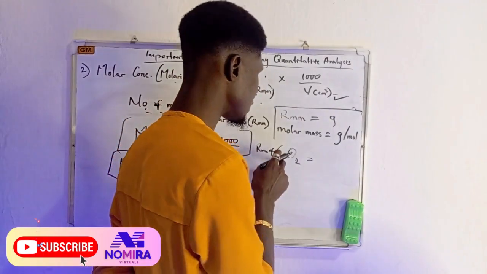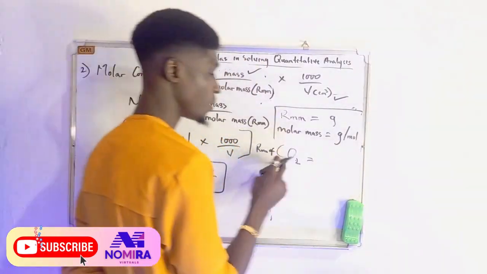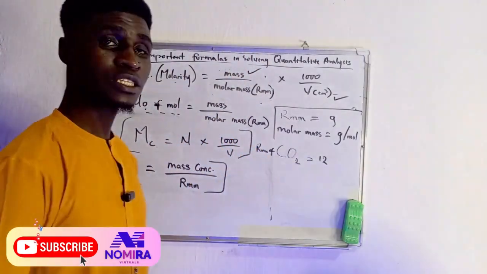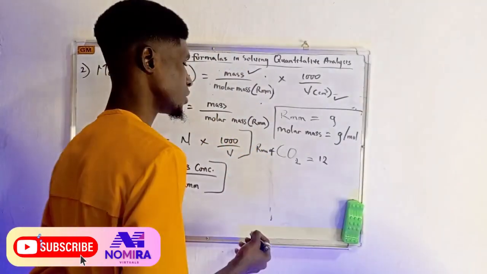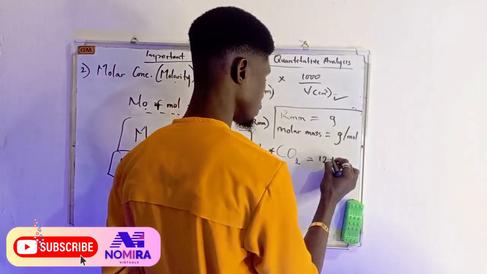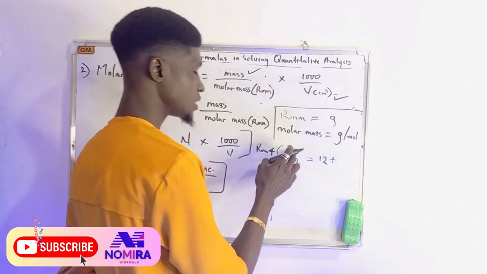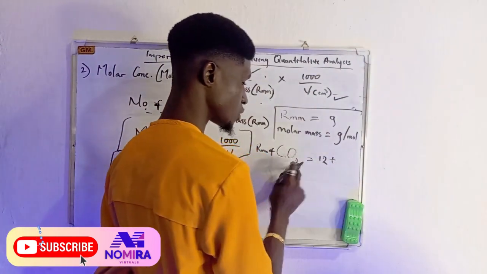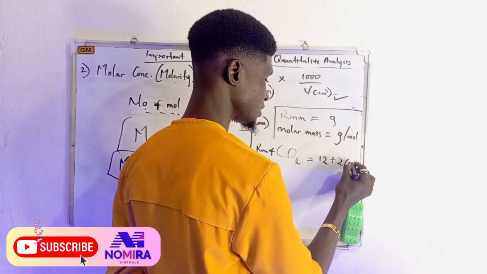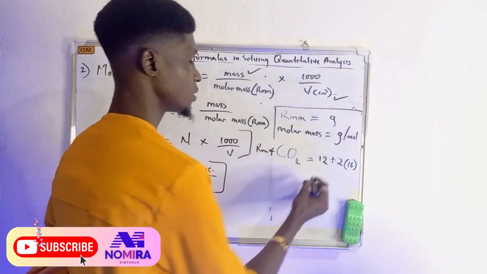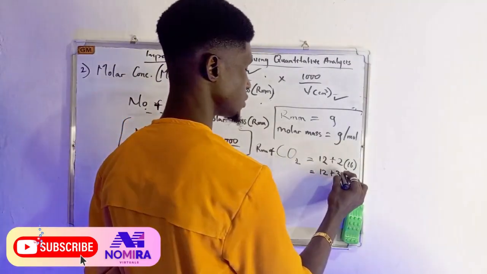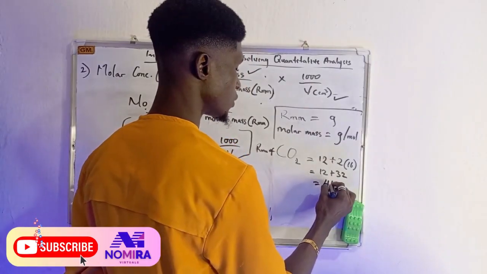The relative atomic mass of carbon is 12. I'll tell you how we get relative atomic mass. It's 12 plus the relative atomic mass of oxygen, which is 16, but oxygen carries 2, so 2 will multiply that 16. So we have 12 plus 32, which is 44.